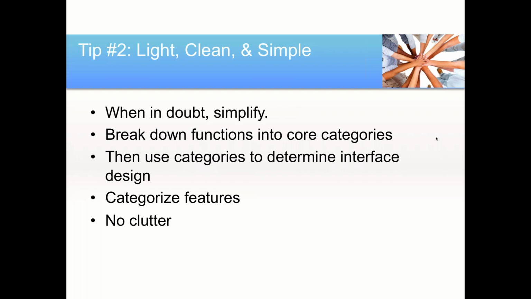This icon doesn't make any sense to me, and so I had to hover over and read what this button does. Creates frustration. Break down functions into core categories, and then use those categories to determine interface design. Categorize your features and don't have clutter.